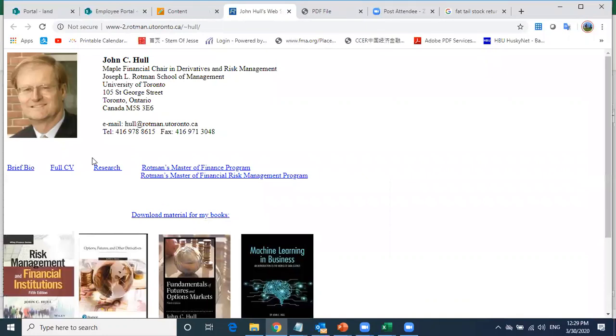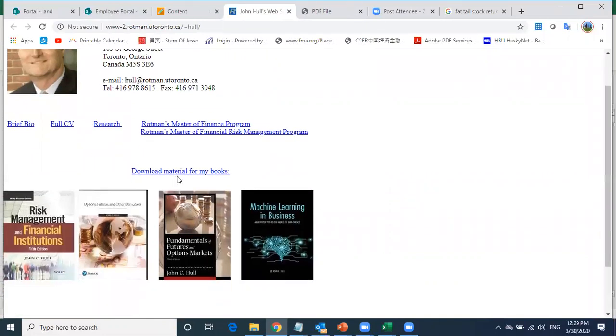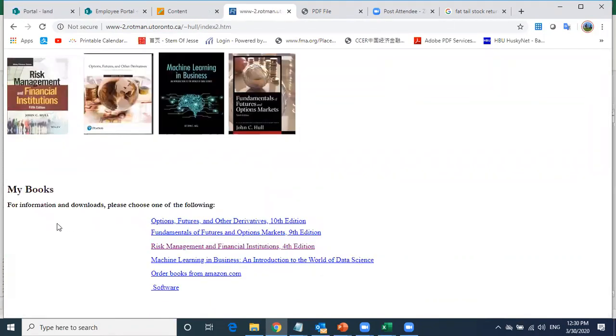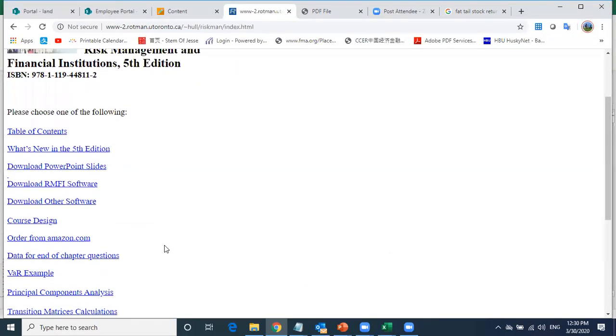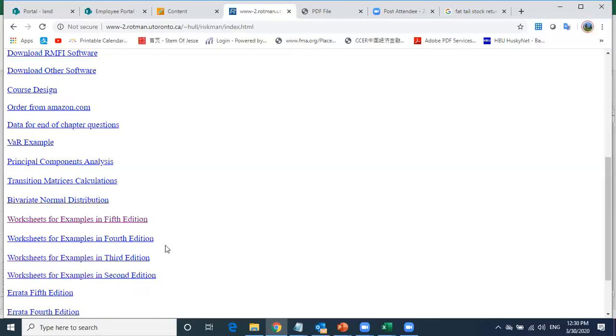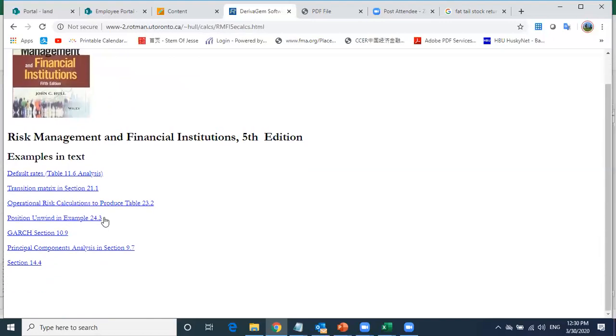You click on that, and you have download materials for his book, which is the textbook we use. So you download the data for Risk Management and Financial Institutions. You click on that. We're going to use the worksheet, for example, in the 5th edition.